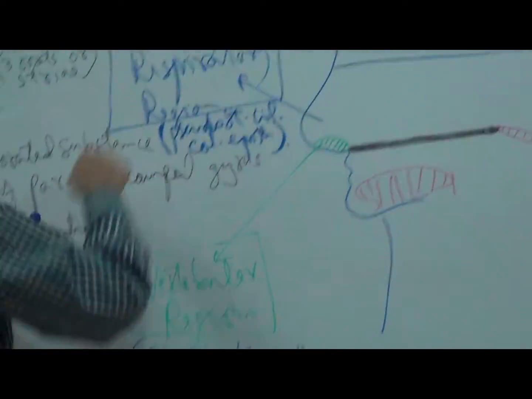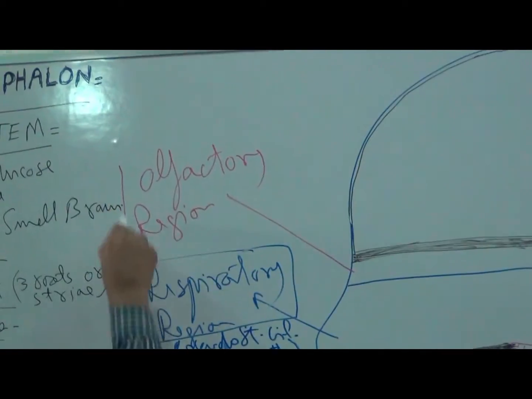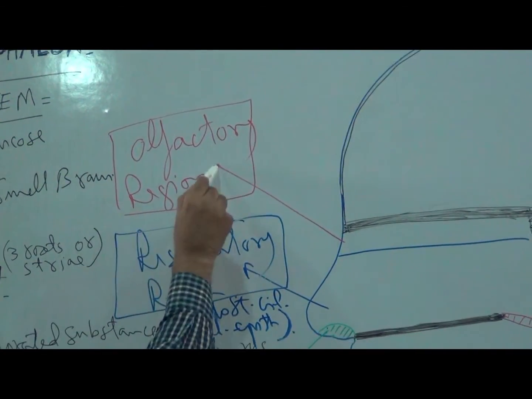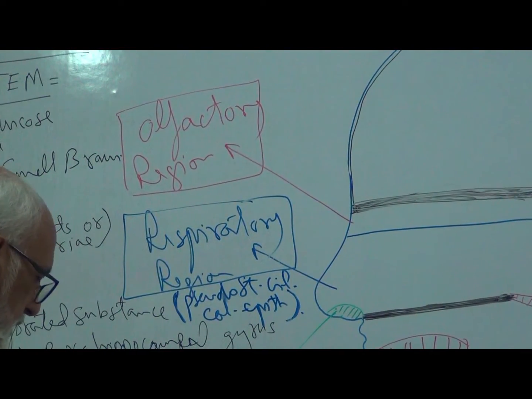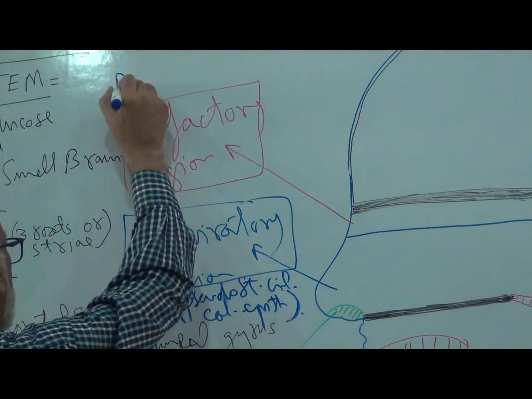And the upper smaller part is the olfactory region, lined by olfactory mucosa. It is also pseudo-stratified epithelium.